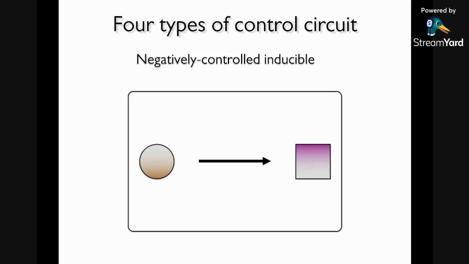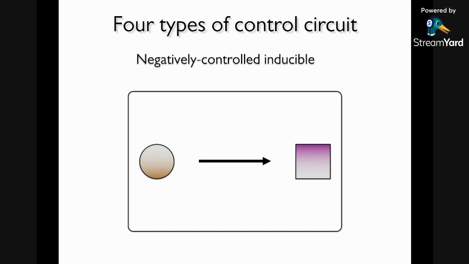So the first of our 4 genetic circuits is something known as the negatively controlled inducible circuit. It is negatively controlled. That's the first thing we need to think about. Whether it's negatively or positively controlled refers to whether the particular protein controlling the induction or repression of the circuit is either an activator or a repressor.